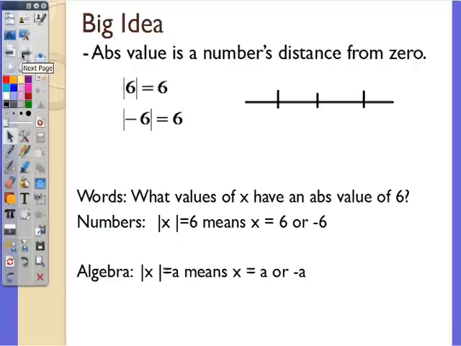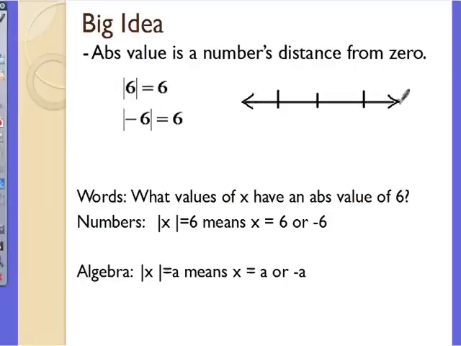So the first thing is that, of course, absolute value is a number's distance from 0. And we know that the absolute value of 6 is 6 and the absolute value of -6 is 6. And I can actually draw that on a number line. Here's my number line, which is also called a graph. So on your notes where it says graph, you can go ahead and create this little graph.